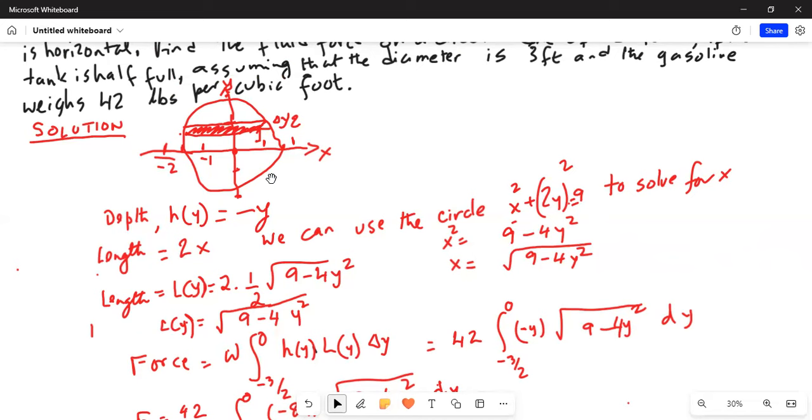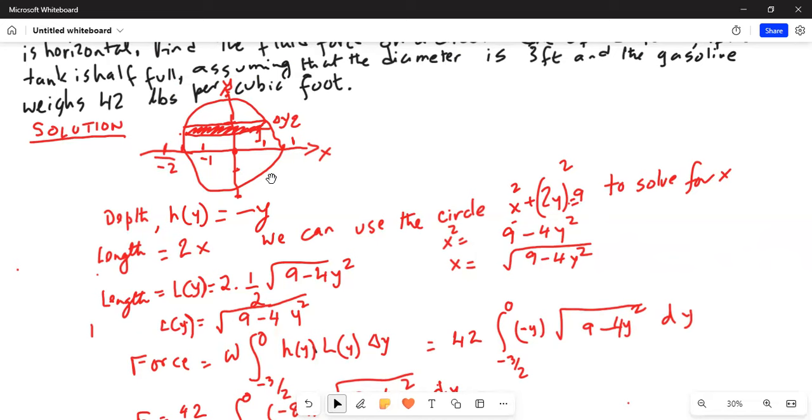Now the force is W, weight. W is the weight per cubic feet multiplied by the integration of the height of the lamina times length times the depth of the lamina, which is delta y.